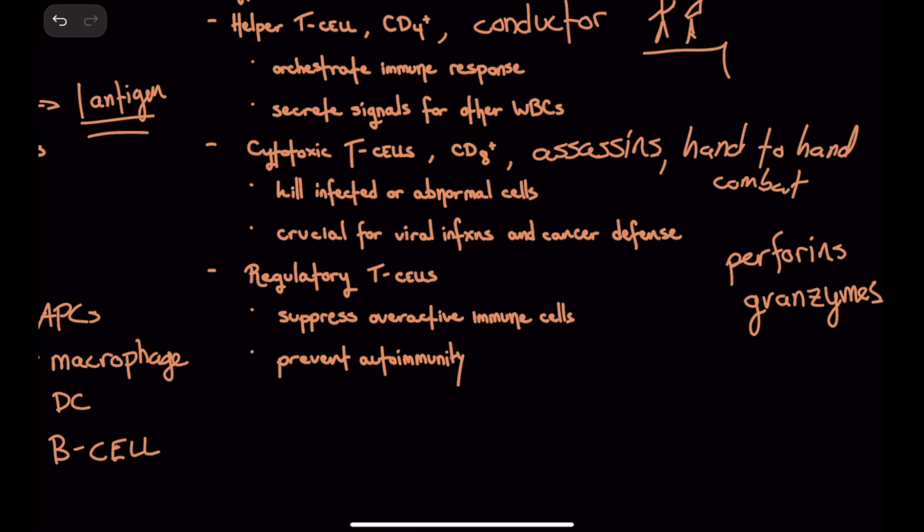In fact, one of the experimental treatments going on to treat cancers is they take populations of your cytotoxic T cells out of your body, breed them up, and then re-inject them back into the body to help fight whatever cancer is being fought. So those are really, really cool.